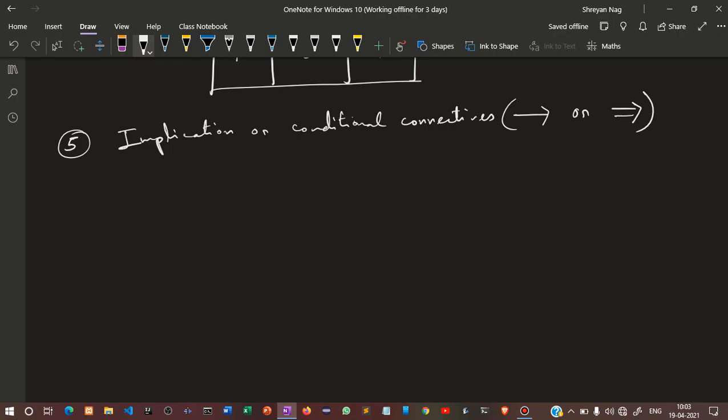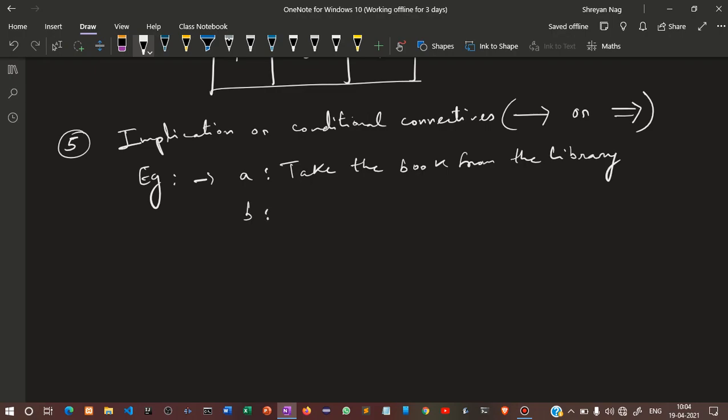So let us take an example. A: take the book from the library.